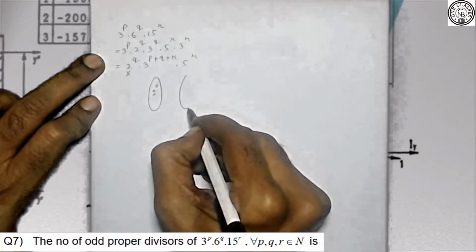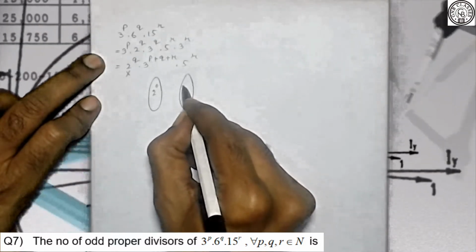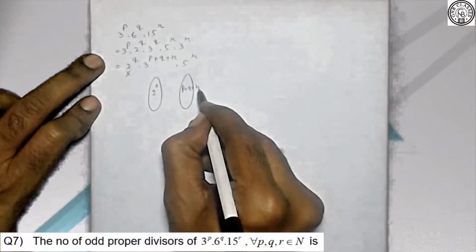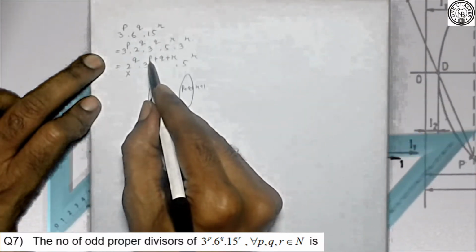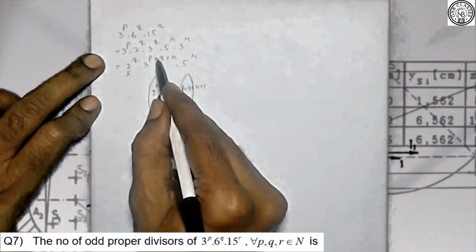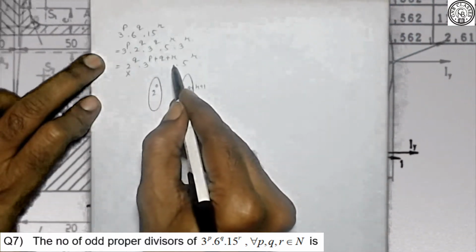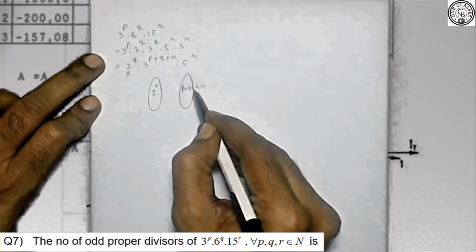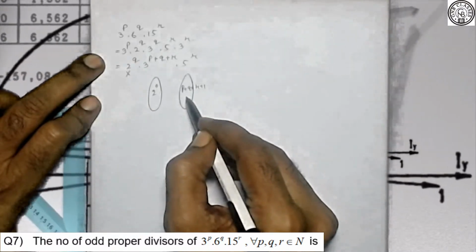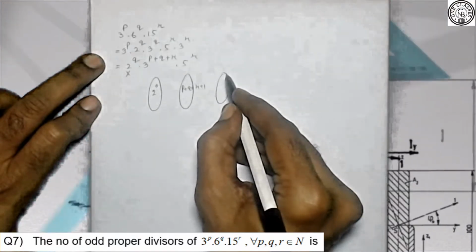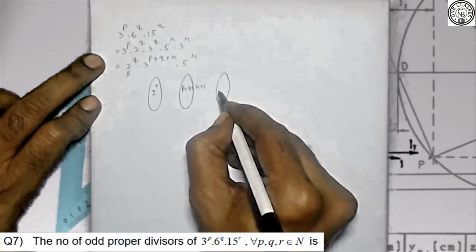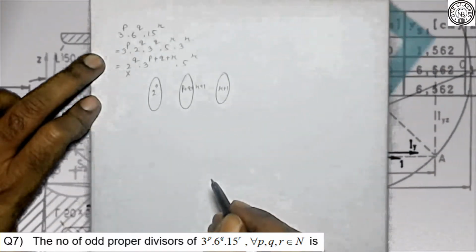From the second set, there will be p plus q plus r plus 1 elements, because it starts from 3 to the power 0, then 3 to the power 1, and goes on till 3 to the power p plus q plus r. And in the third set, we are going to have r plus 1 elements.